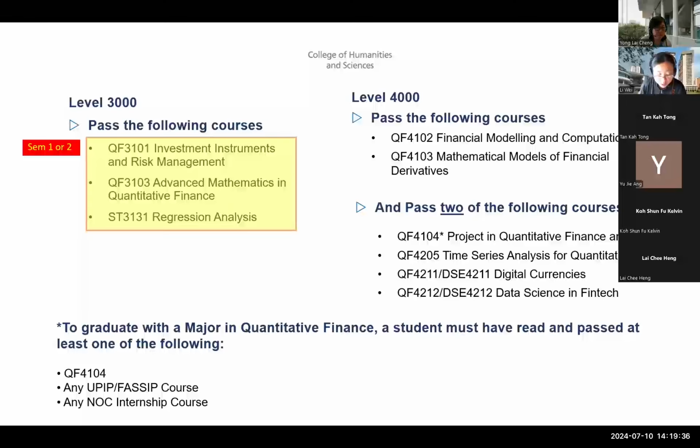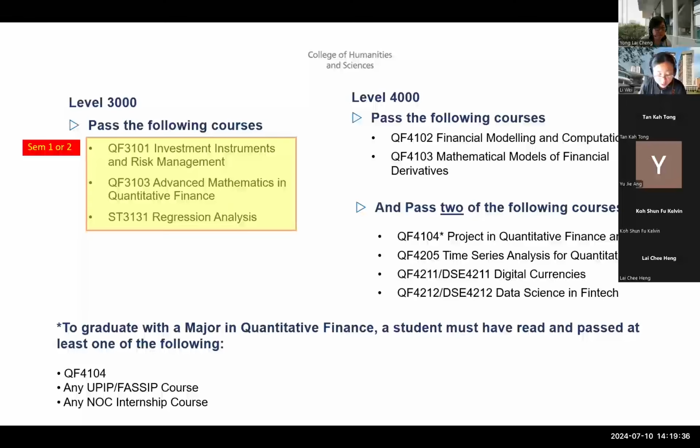Finally, ST 3131, Regression Analysis, offered by the Stats Department. This course covers regression models, including linear regression, multiple regression, model building, and the applications. This is a course quite important for QF students.